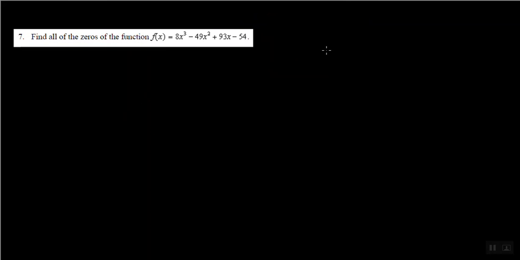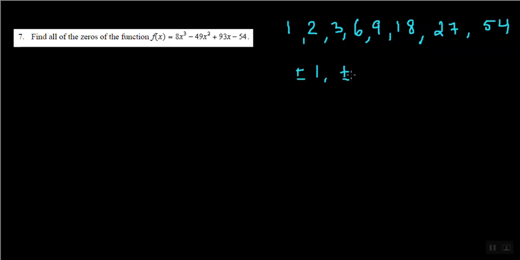So let me list out the factors of 54. 1, 2, 3, 6, 9, 18, 27, and obviously 54. And these are all plus or minus. And then for 8 is plus or minus 1, plus or minus 2, plus or minus 4, and plus or minus 8.